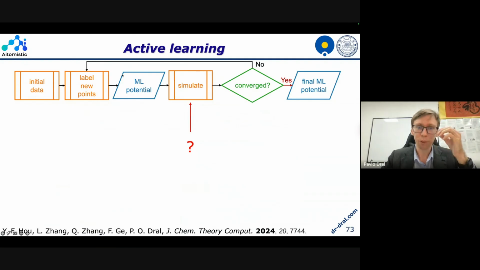You do molecular dynamics, you sample points from there, you calculate quantum chemical data for it, like DFT energies and forces, and then you train your machine learning potentials, you run dynamics again with it, you check uncertainty with the deviation of neural networks, for example, and then you repeat this until you sample enough. I will not go much into that, but that's still quite an important topic.